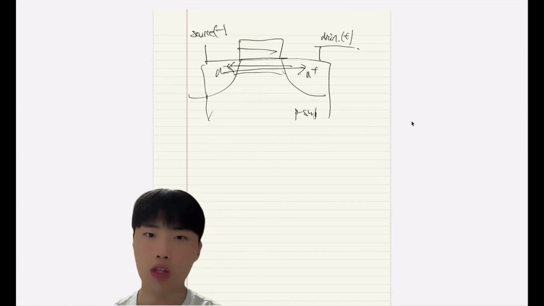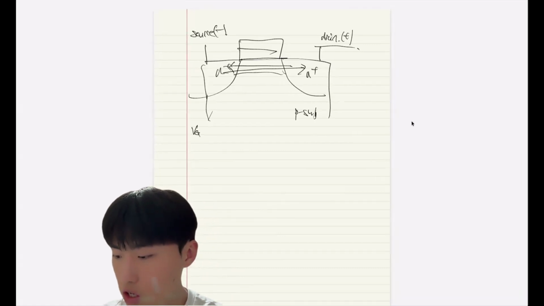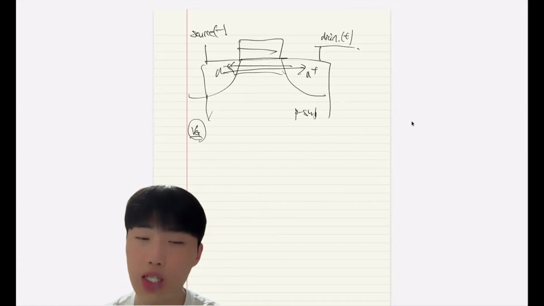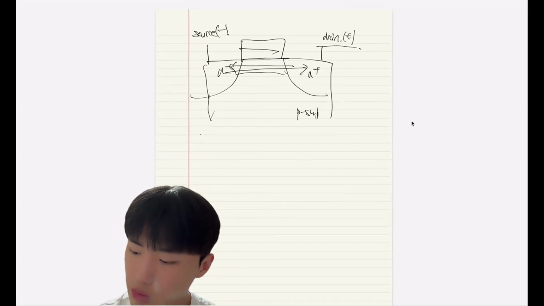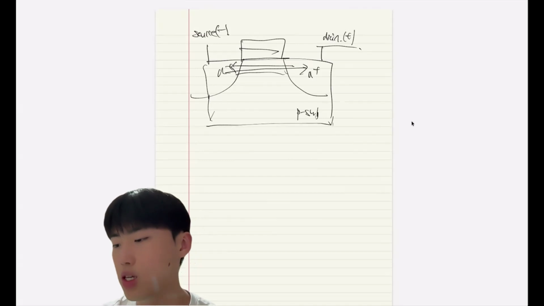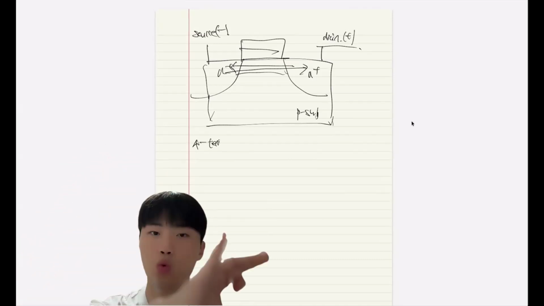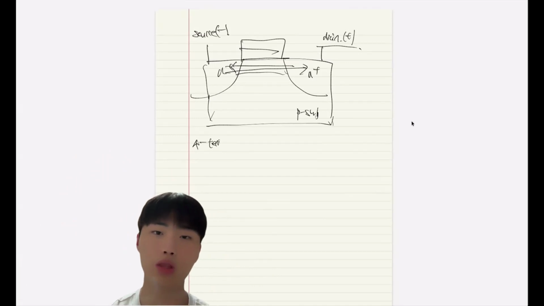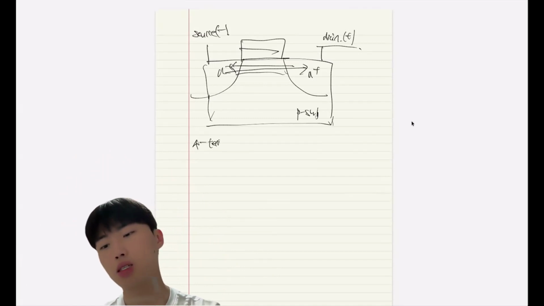So there are two conditions to having current flowing. In a MOSFET, it is actually a four terminal device: the gate, source, drain and the body. There are four terminals on it, but that is too complex.